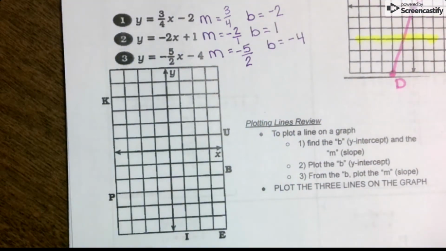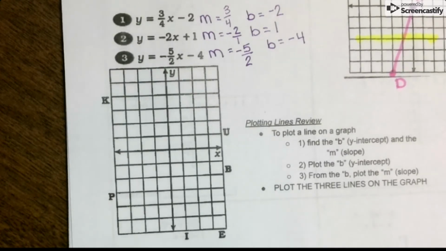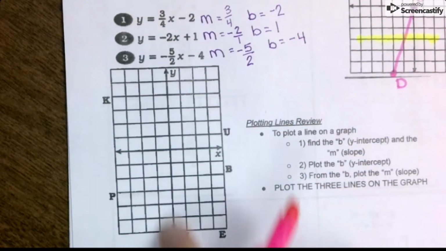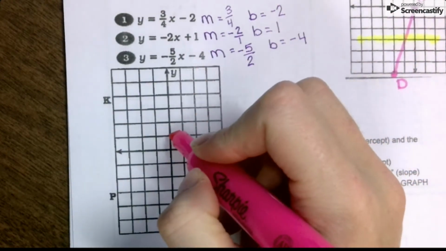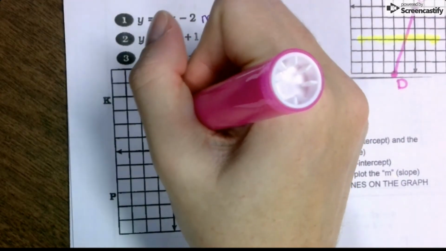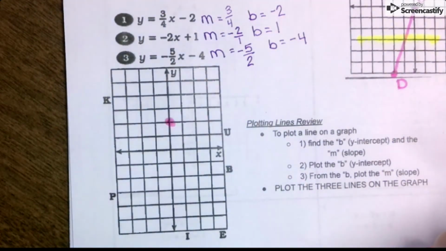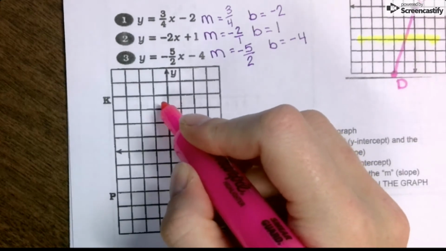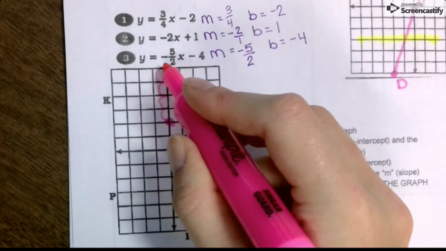If you remember how to graph these, go ahead and start graphing. If you don't, follow along with me. So let's start with number 1. I'm going to plot my -2 on the y-axis. B is always plotted on the y-axis. So I'm going to find 1, 2 on the y-axis. And then because it's a +3/4, I'm going to go up 1, 2, 3.